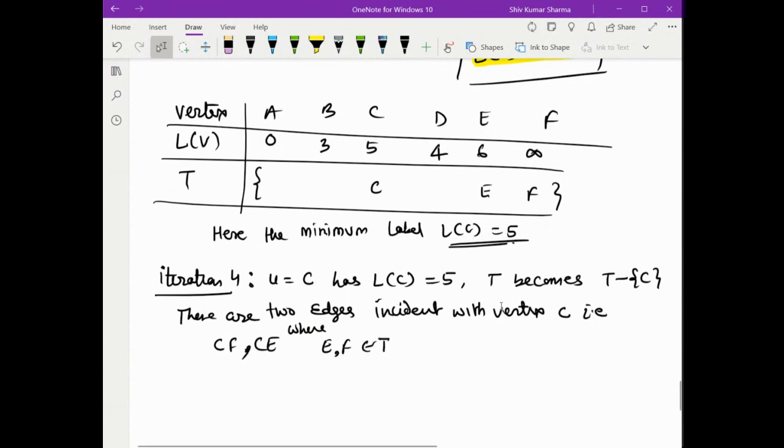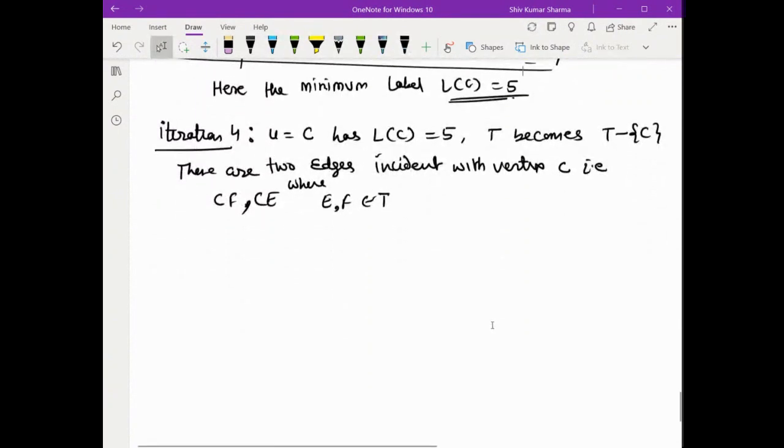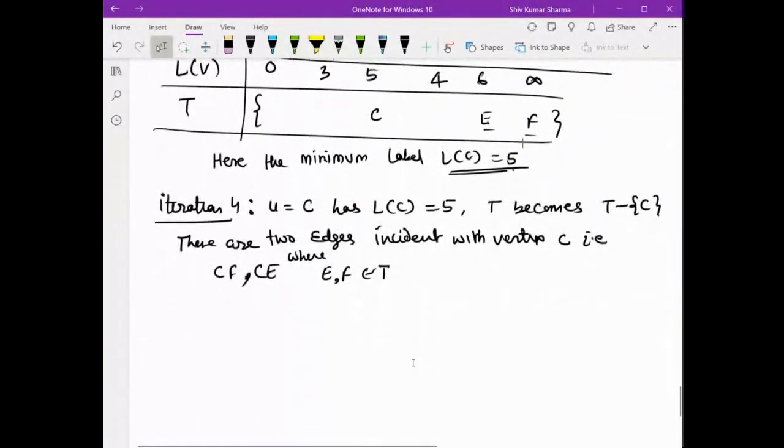E and F also belong to T. This is for the new T, that means the previous table, this table.